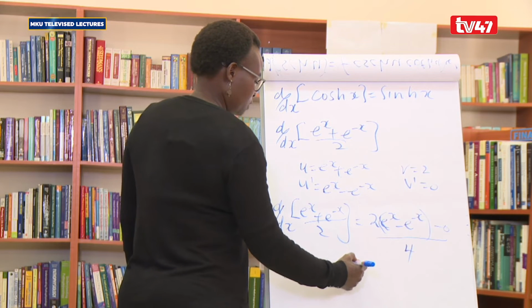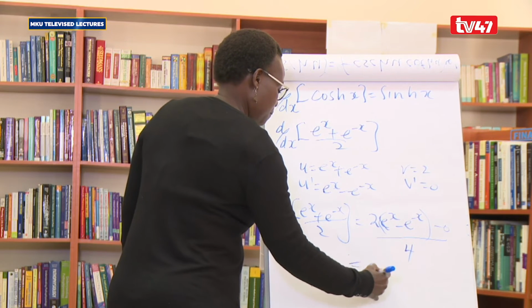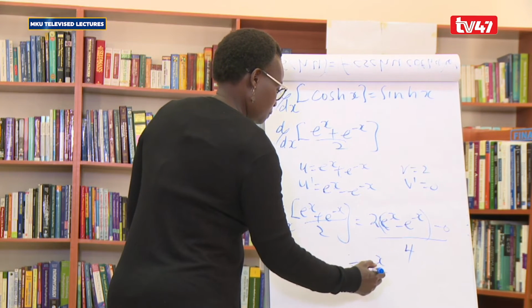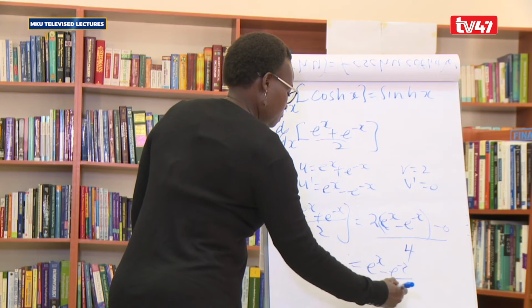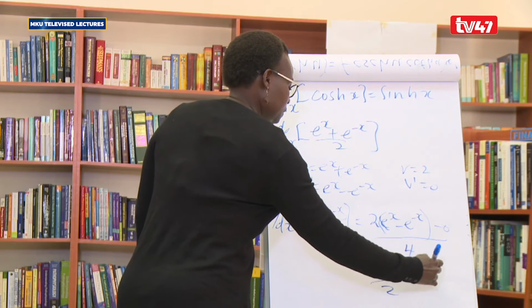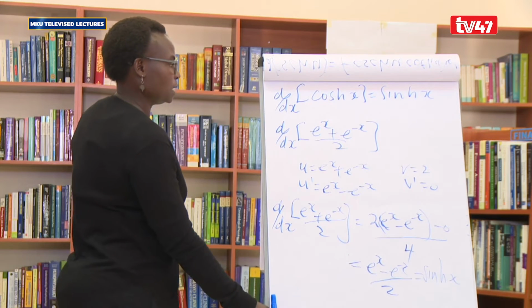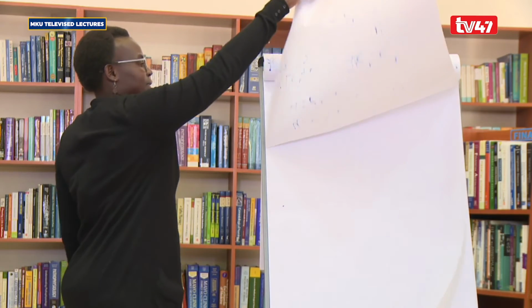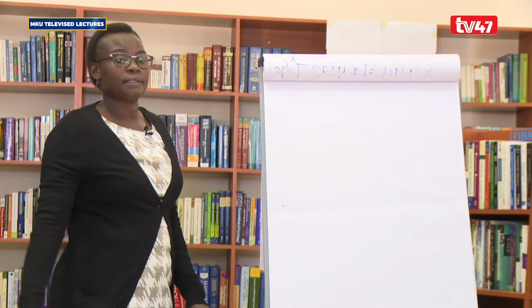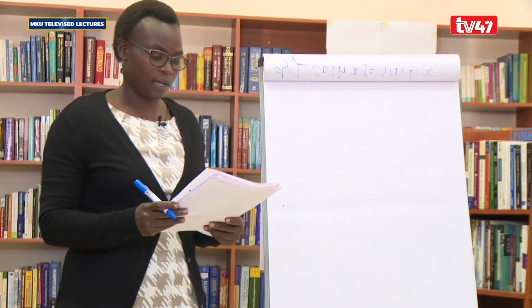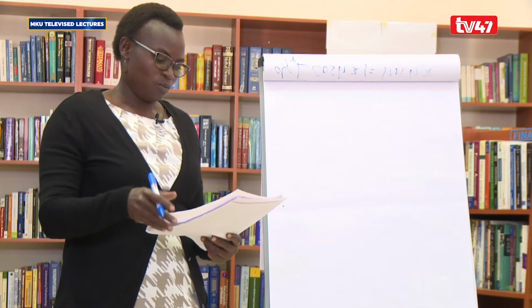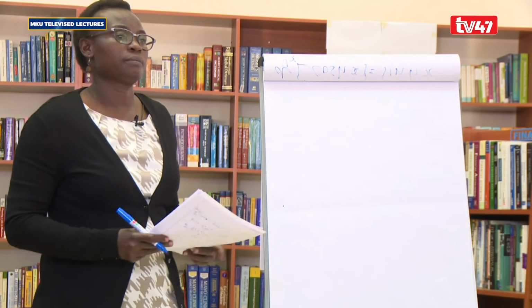So this will give us e to the x minus e to the negative x over 2, which is sine hyperbolic x. So that clearly shows that the derivative of cos hyperbolic x is sine hyperbolic x. We can move to examples.